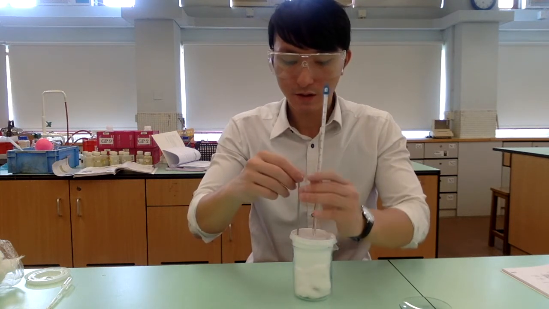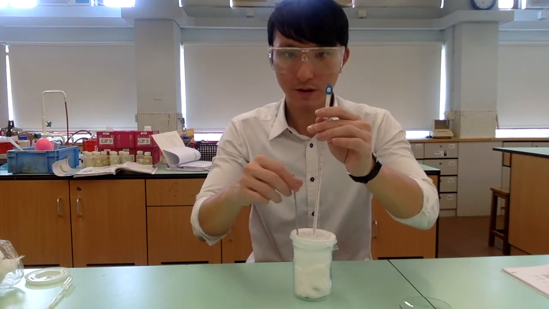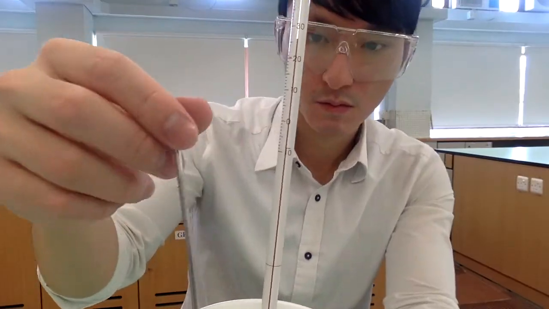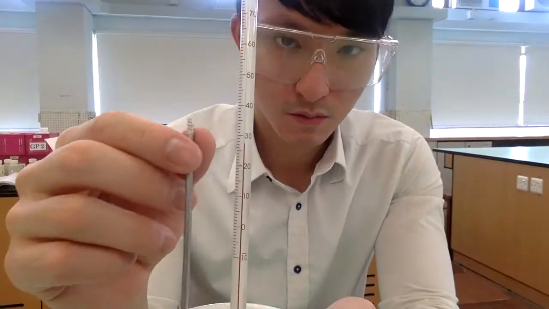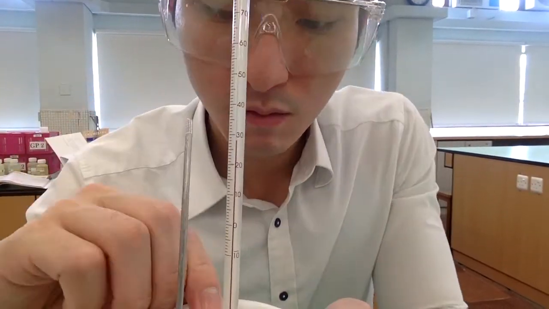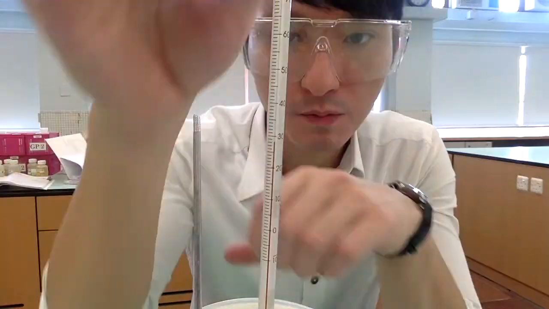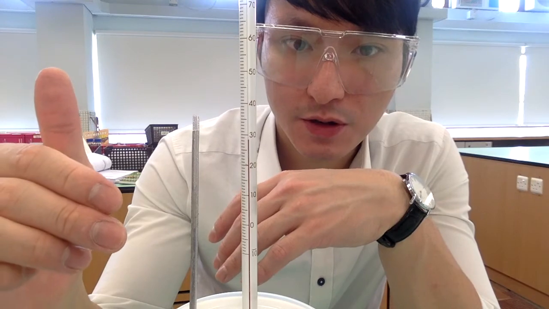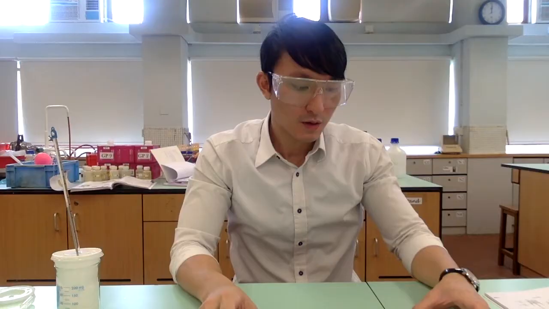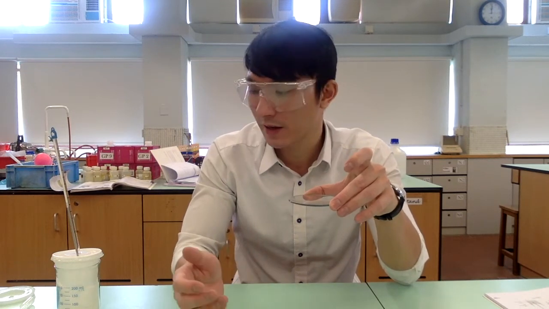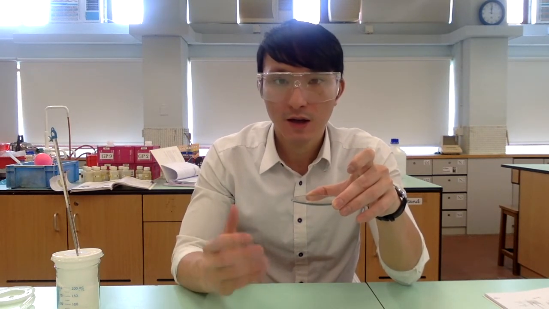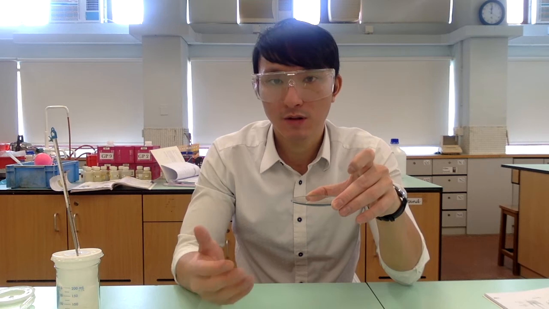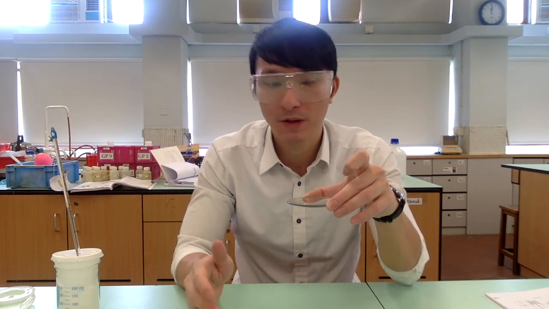Cover the lid and stir gently with the stirrer. Record the final temperature registered from this experiment. Now measure the watch glass after we transfer the calcium oxide, to see how much calcium oxide we actually transferred to the expanded polystyrene cup.